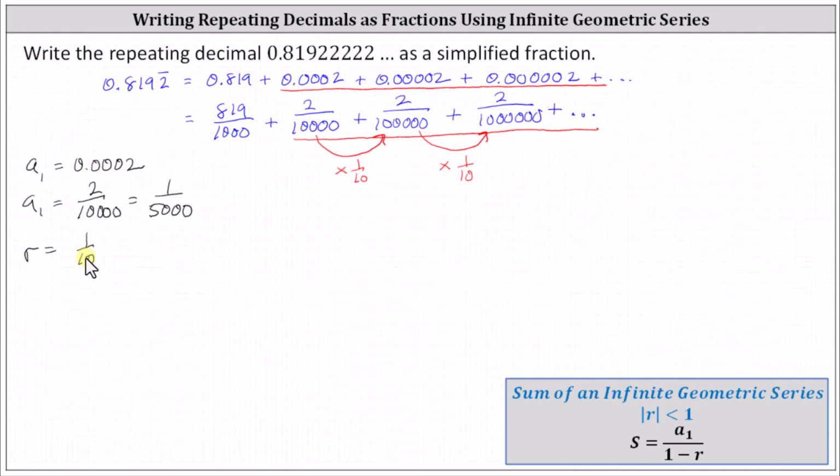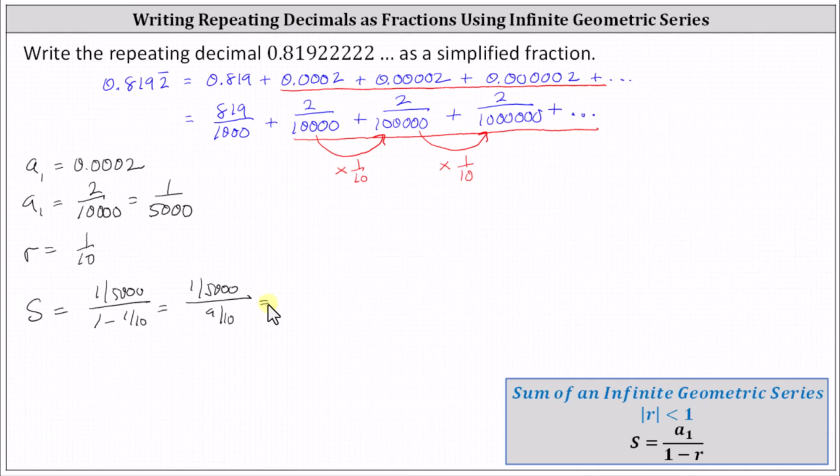can determine the sum of the infinite geometric series part using the formula s equals a sub 1 divided by the quantity 1 minus r, which in our case indicates the infinite sum is equal to 1 5,000th divided by 1 minus r, 1 minus 1/10. Simplifying, we have 1 5,000th divided by 9/10.